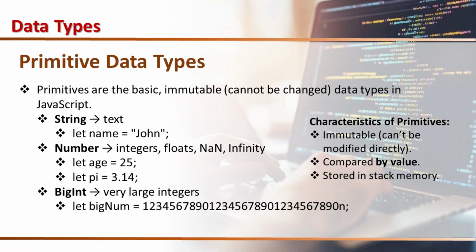Primitive data types are the most basic types of data in JavaScript and are immutable, meaning their values cannot be changed once created. These include strings, which represent text, numbers, which cover integers, floating point values, and special numeric values like NaN and Infinity, and BigInt, which allows us to work with very large integers beyond the limits of the number type.